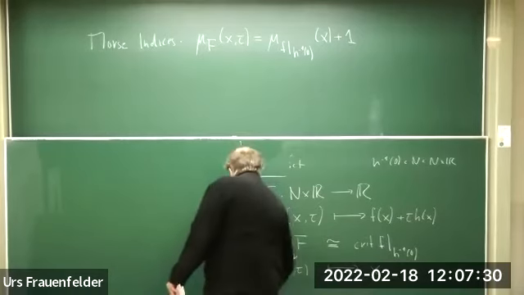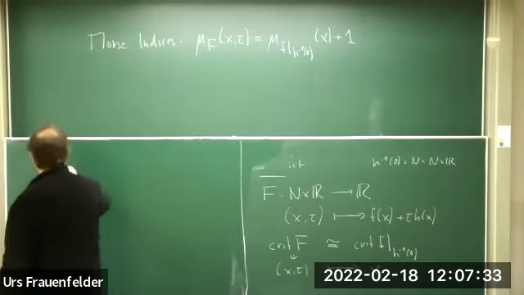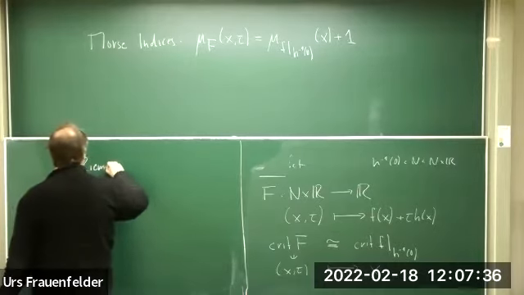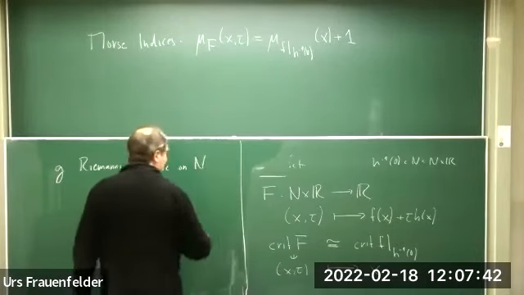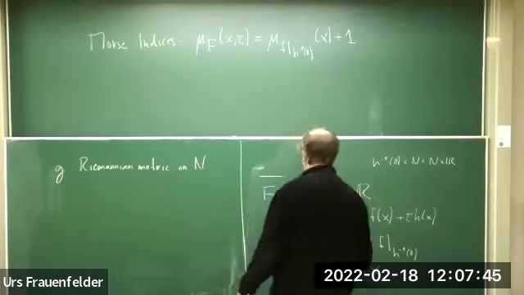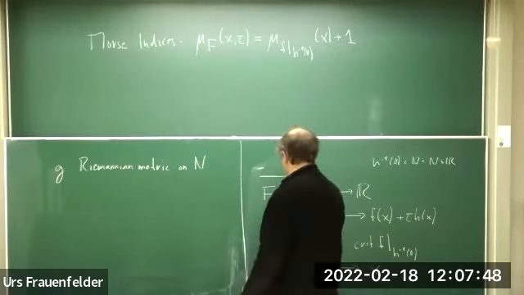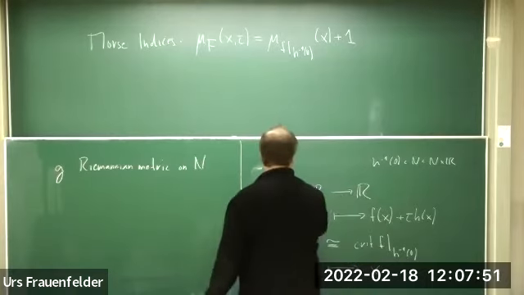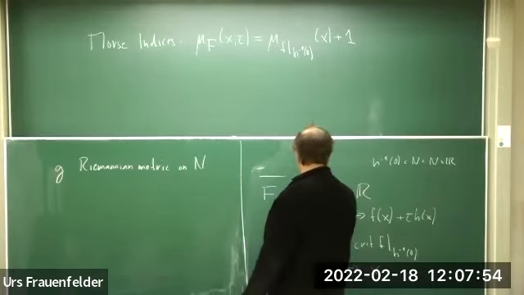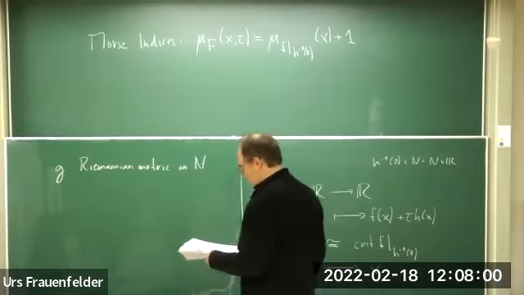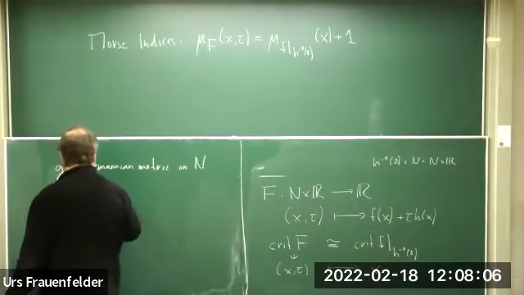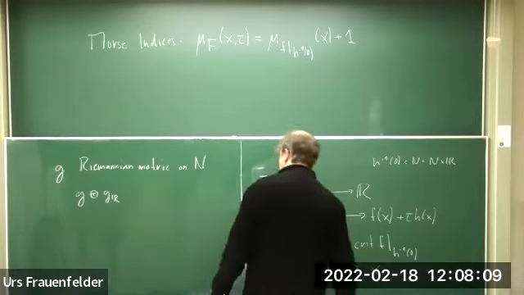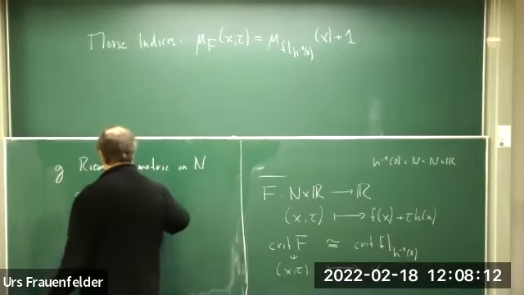So we first choose G, a Riemannian metric on N. Our Lagrange multiplier functional lives on N times R, so we take the product metric of G and the standard one on R, so we look at the metric G plus G_R, where G_R is just the standard metric on R, multiplying real numbers together.